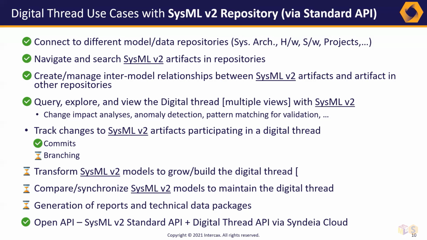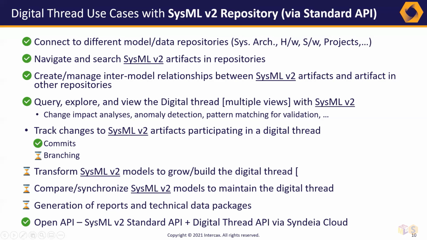We really look forward to trying that out and sharing our experience and results with the SysML v2 submission team. Also, we are exploring the idea of generating reports and technical data packages, but the types of views that you saw on the Syndeia web platform can all be exported from there. And you can write your own apps to the digital thread API, which is a key part here.